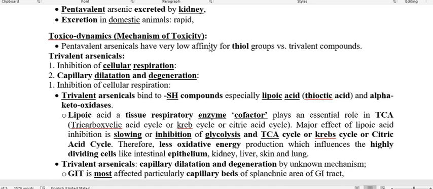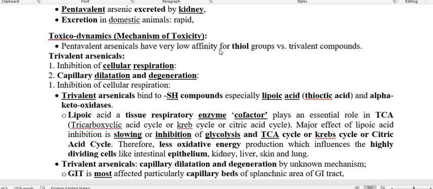As I mentioned earlier, particularly the thiol group, the trivalent form of arsenic has a very good affinity with the thiol group. Which one? The trivalent form, and therefore this is going to produce the toxicity. Why?